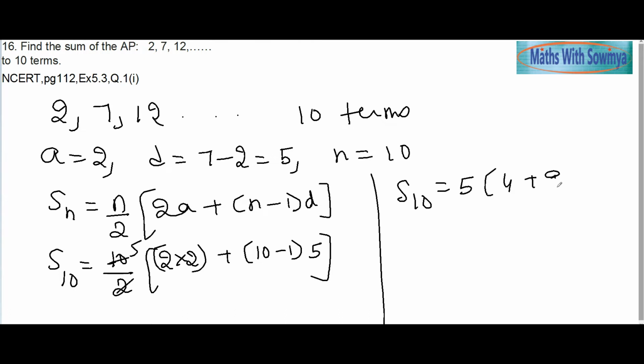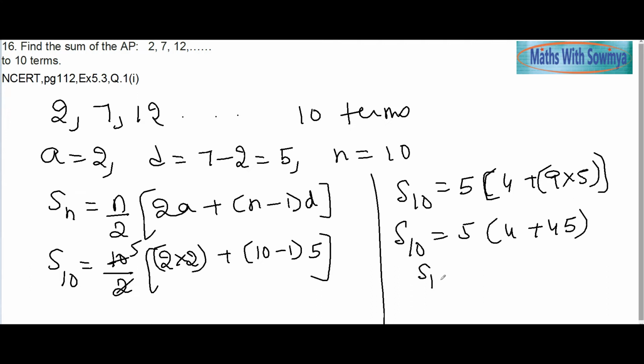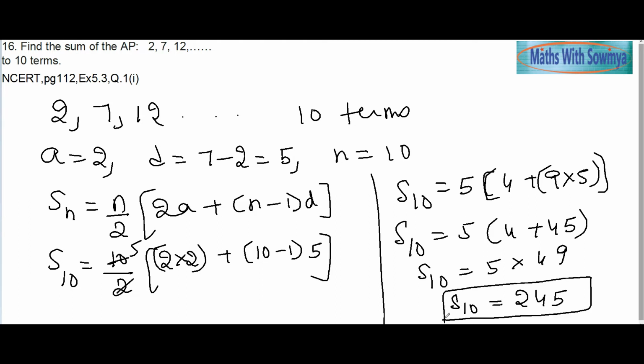Four plus 9 into 5. The sum of 10 terms is 245.